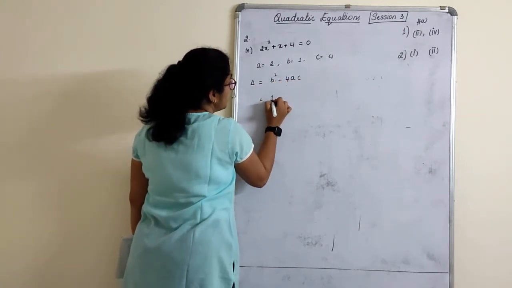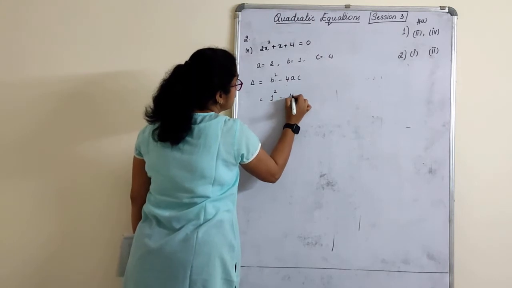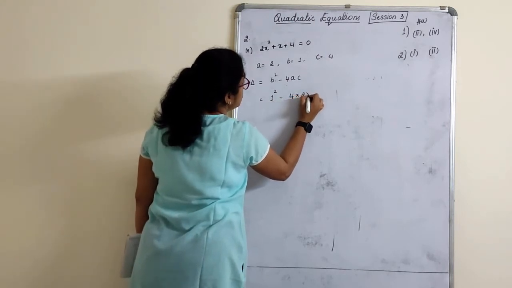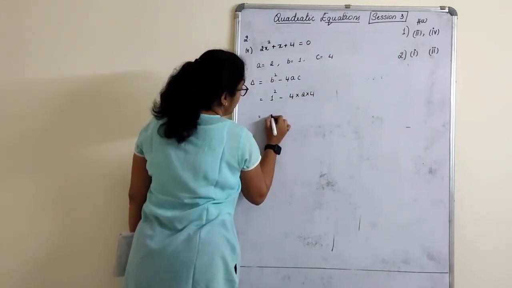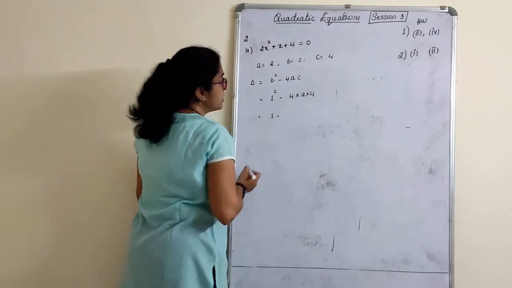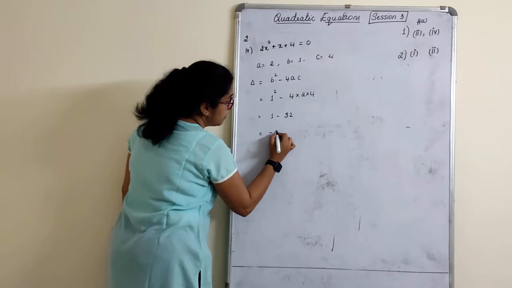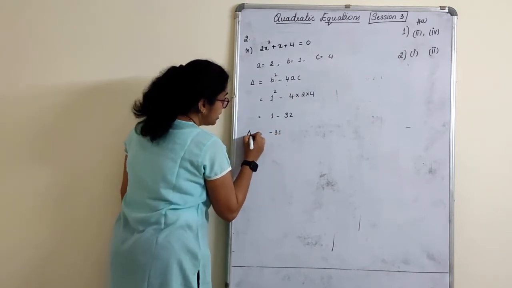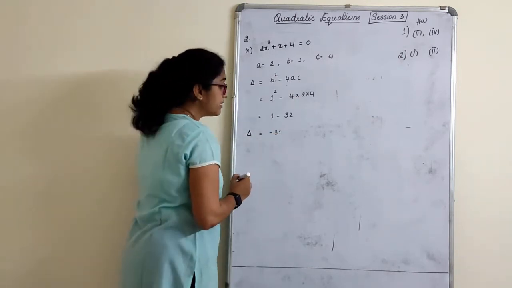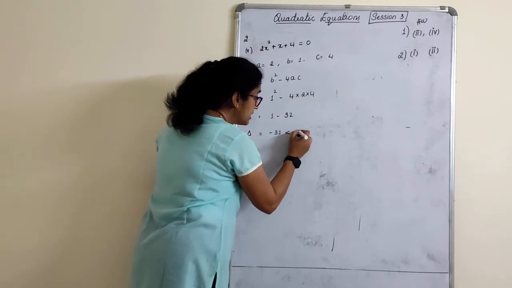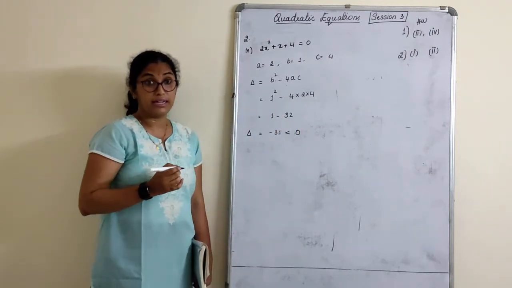What is b? 1 square minus 4 into 2 into 4. 1 square is 1, 4 4s are 16, 16 2s are 32, that is minus 31. Discriminant is minus 31, which is less than 0, right?